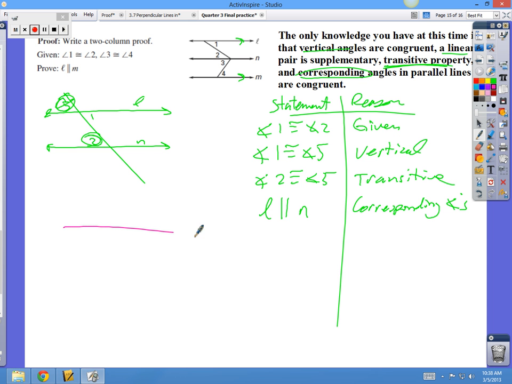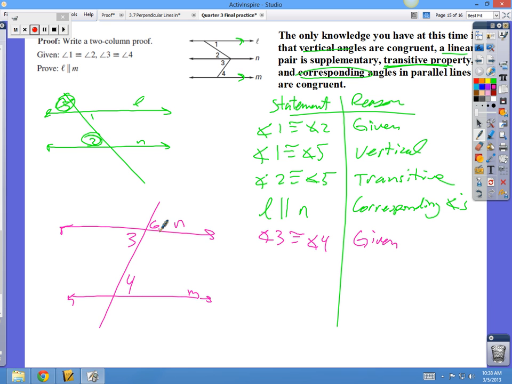Now I'm going to focus only on N and M. And here's what I know. I know 3 and 4 are equal, so I'm going to start off with that. 3 is congruent to 4 because that's given. Same exact thing. I'm going to add an angle 6 right there. Angle 3 is congruent to angle 6 because that's a vertical pair.